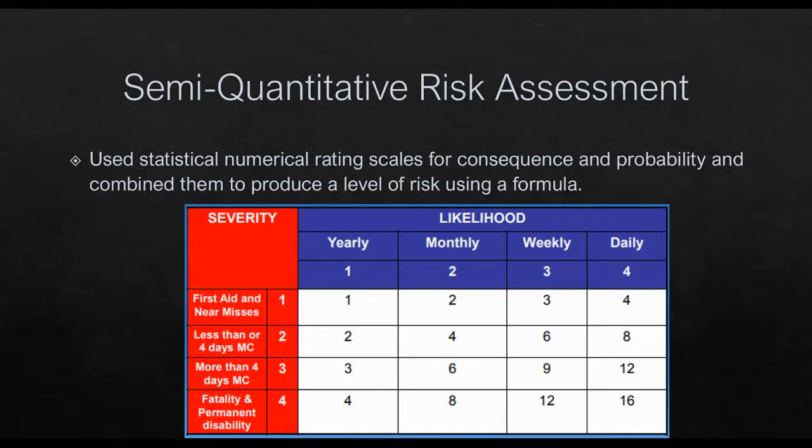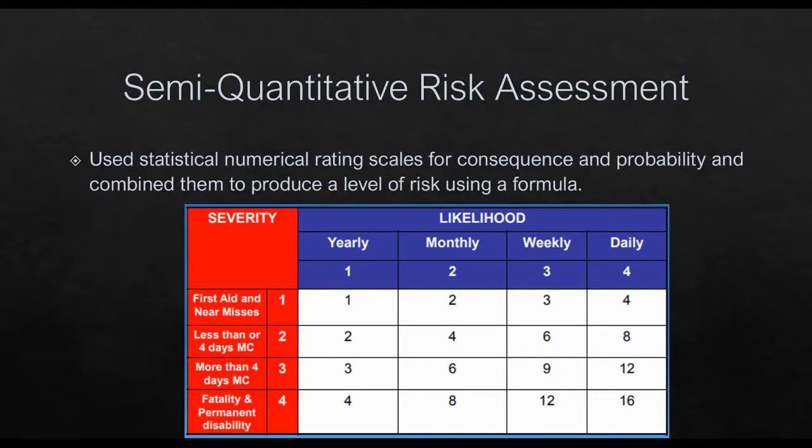So in order to implement the risk assessment, we can use any of these three risk assessment approaches. This one is the second one. They still identify the consequence and the probability of the risk.